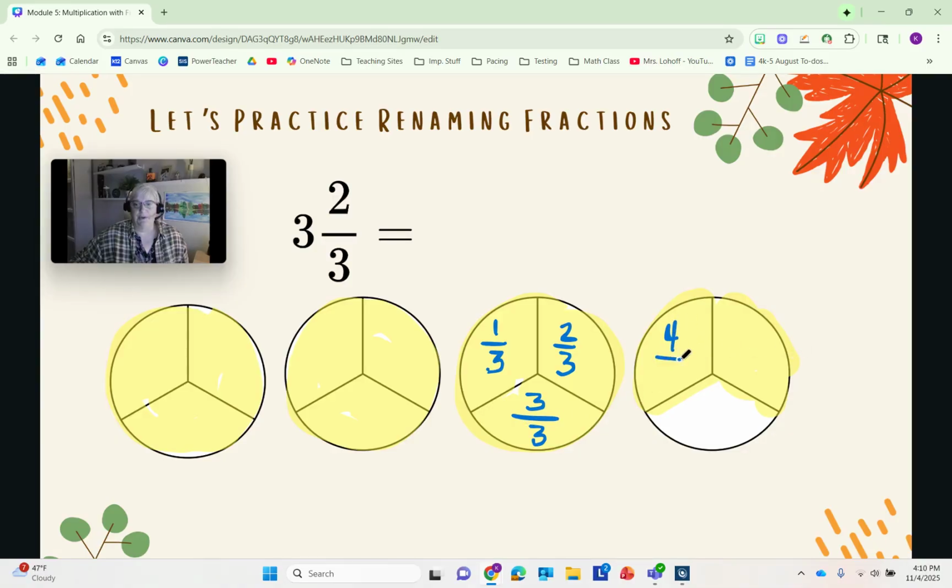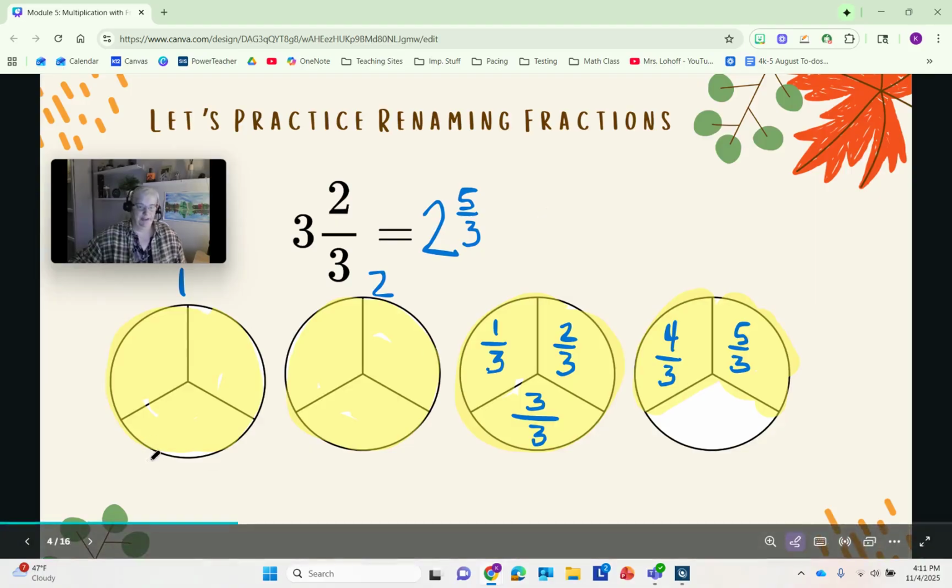So this is 4/3 and 5/3. So in this case, we have one whole, two whole, and 5/3. So 3 and 2/3 is the same as 2 and 5/3. Just a little practice in renaming fractions.